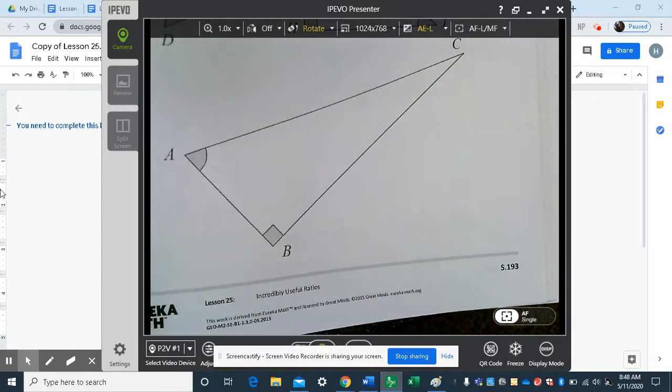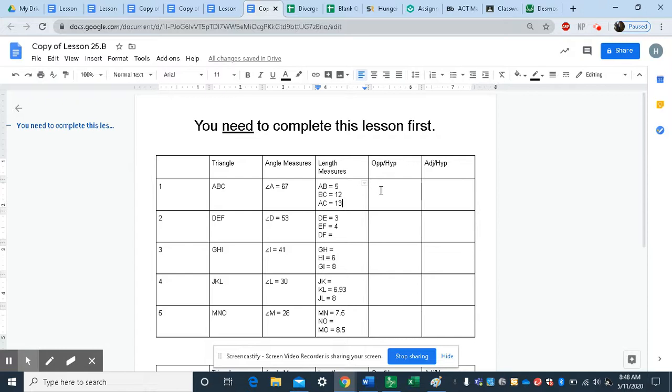So we're going to come back over here. For opposite over hypotenuse, we're literally going to write 12 divided by 13 because it's opposite over hypotenuse. And then in our calculator, we're going to type 12 divided by 13.